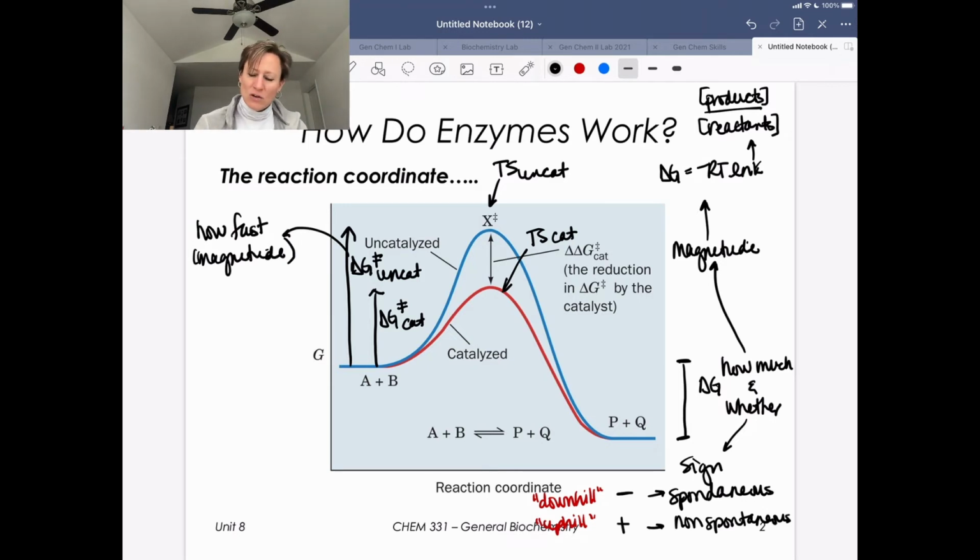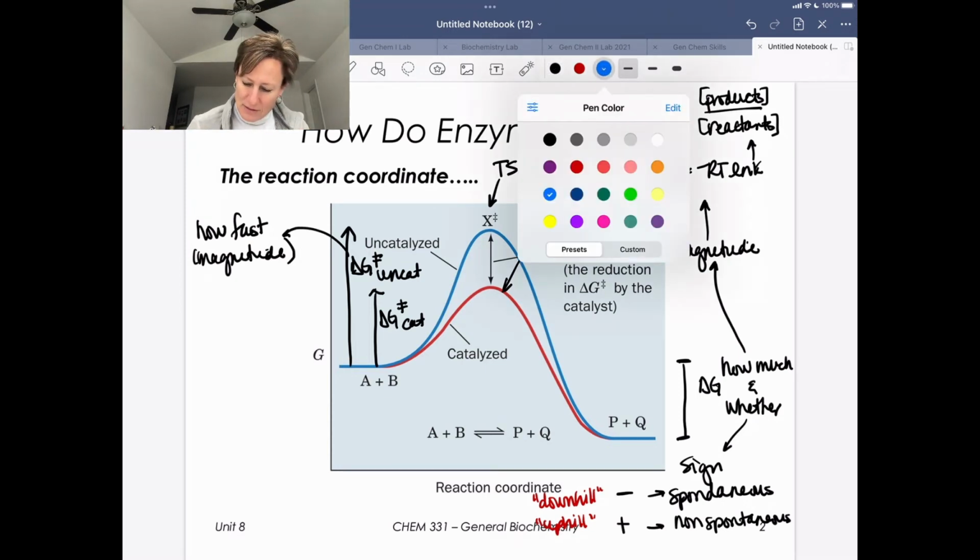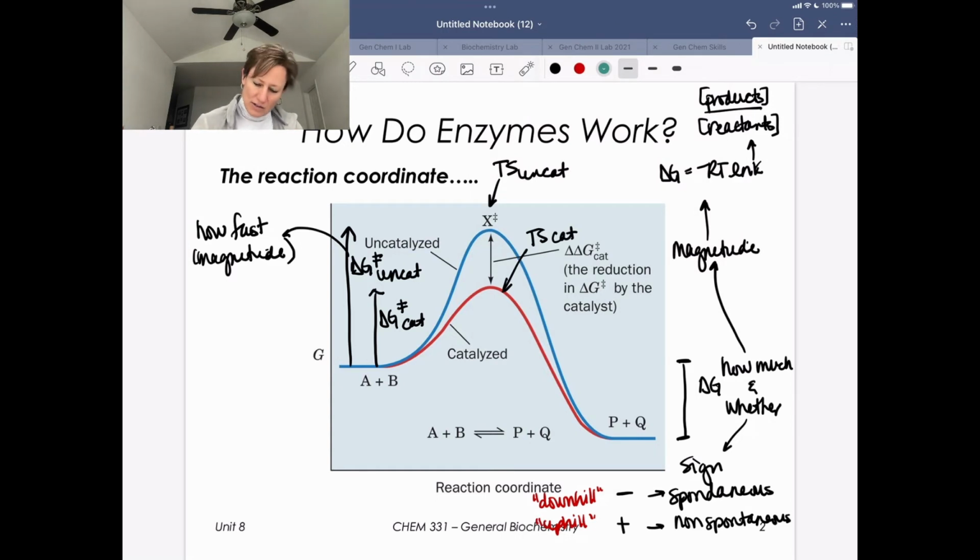Okay, and here is where we start getting into some important pieces, the magic that happens with enzymes. Enzymes are going to decrease the energy of the transition state. So enzymes make reactions faster by decreasing the transition state energy.